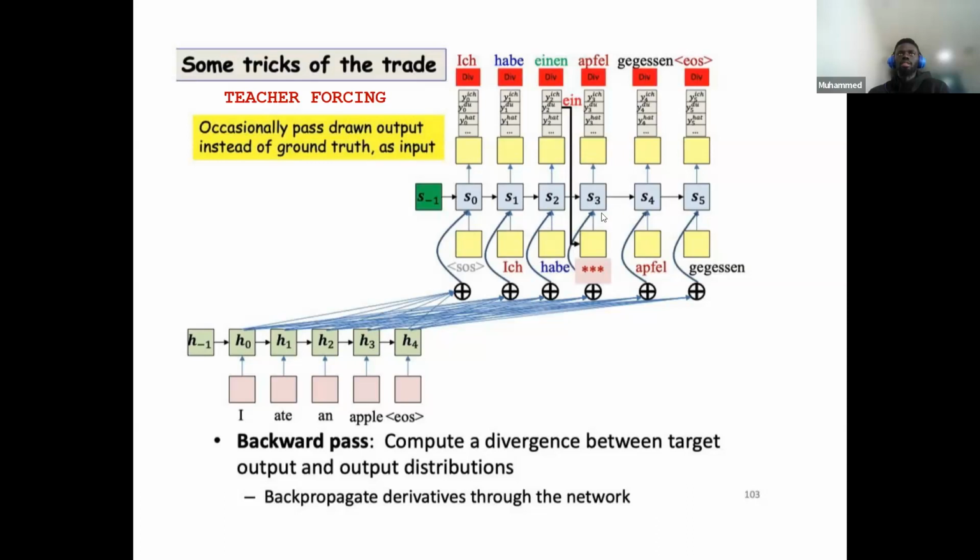Usually we don't pass the correct answer until the end, then we compute the divergence and pass back the derivatives. But here we say we could also input the correct answer during the training process, not wait up to the end.